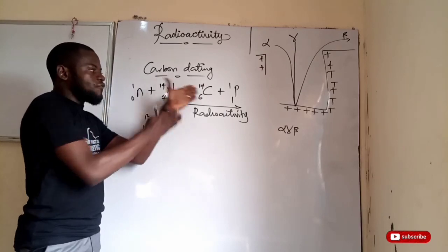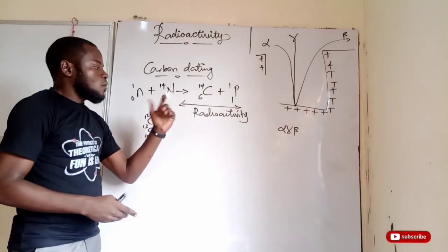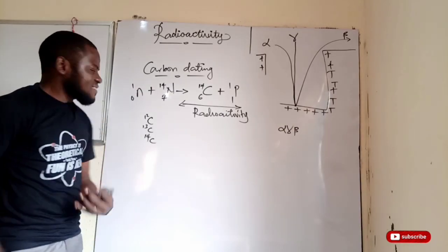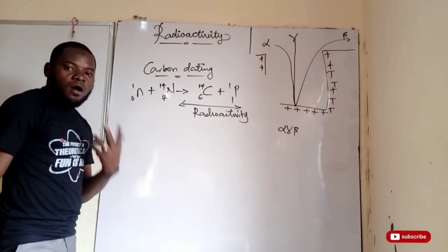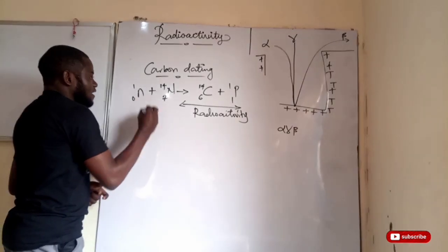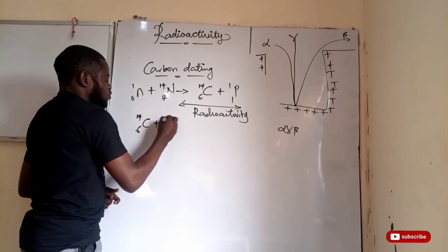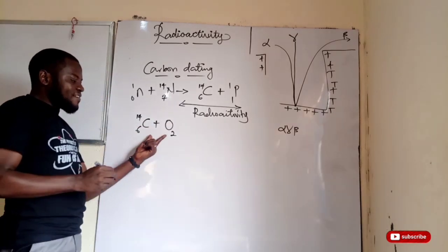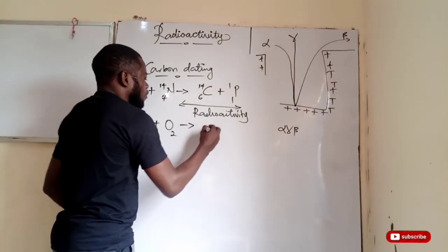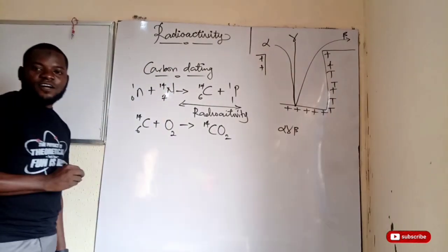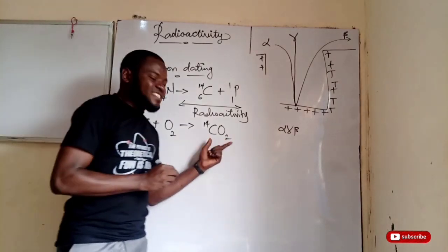We have seen how we form carbon-14 now, which we called what? A radioactive carbon. When this carbon-14 collides with what? Oxygen. When they react together, they form what? Carbon-14 dioxide.